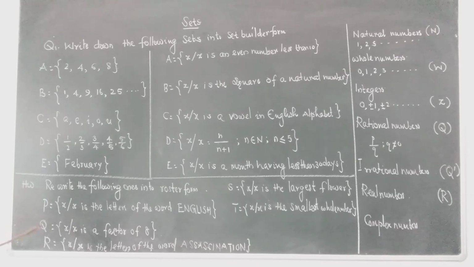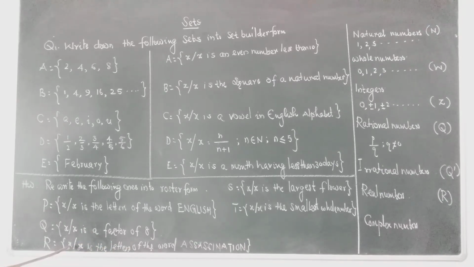This is an exercise for you tomorrow when you come back. Rewrite the following into roster form, just backward. We are going to move in the backward direction. The first set, P is equal to the set of x such that x is a letter of the word English. Q is equal to the set of x such that x is a factor of 8.